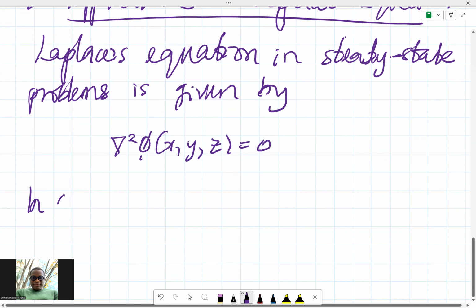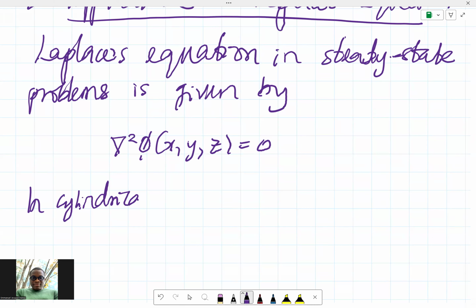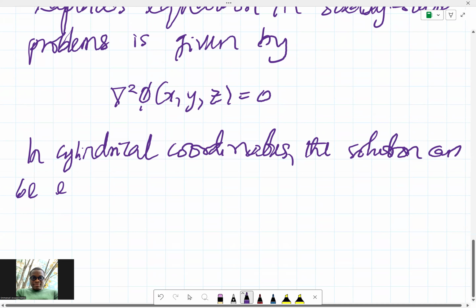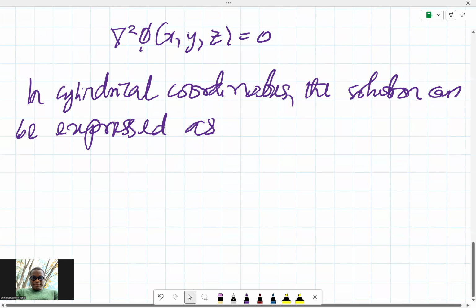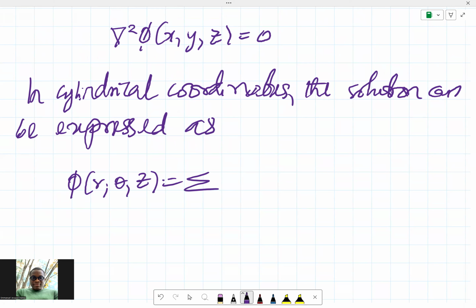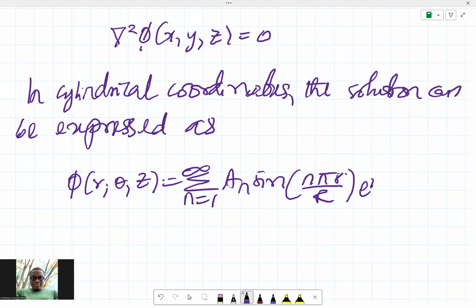In cylindrical coordinates, the solution can be expressed as phi of r, theta, z equals the summation from n equals 1 to infinity of a n sine of n pi r over big R, e to the i n theta.